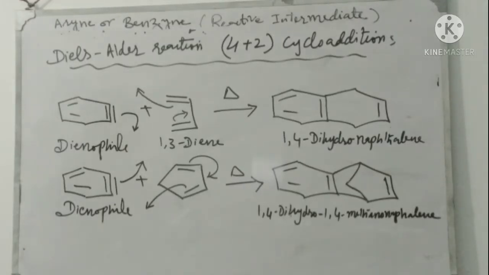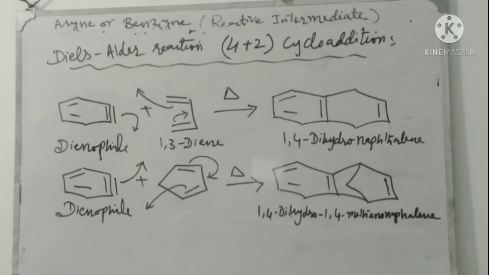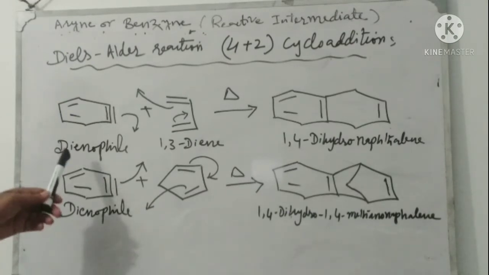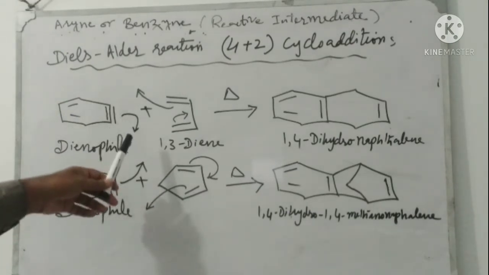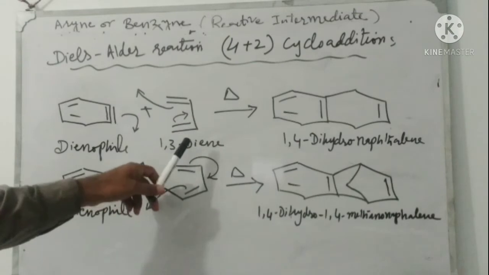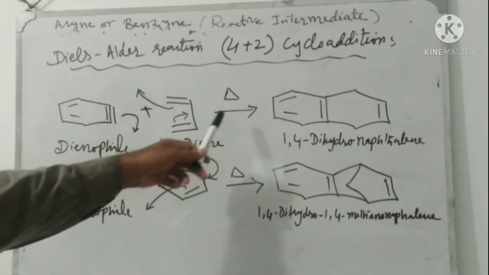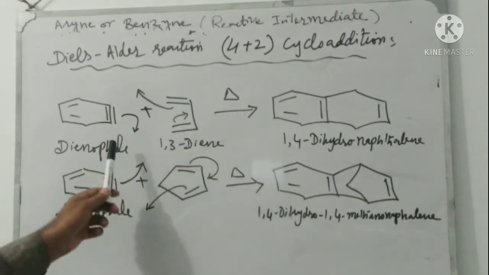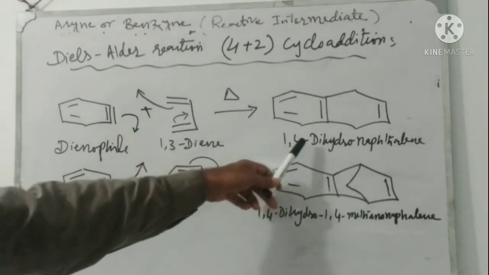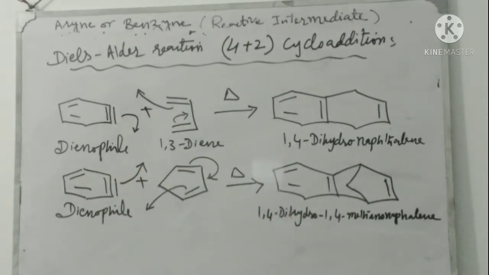So these are some 4+2 cycloaddition reactions of benzyne intermediate. Benzyne can undergo 4+2 cycloaddition, which is also called the Diels-Alder reaction. So benzyne behaves as a dienophile and reacts with a 1,3-diene, and under thermal condition, in this example, it forms 1,4-dihydronaphthalene.